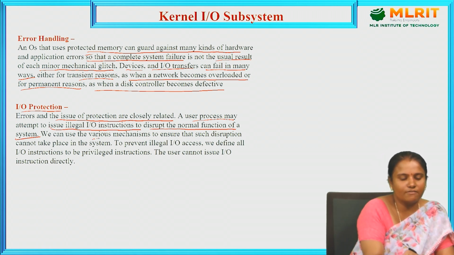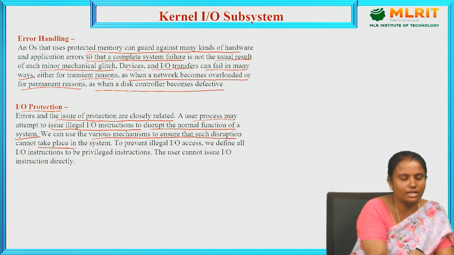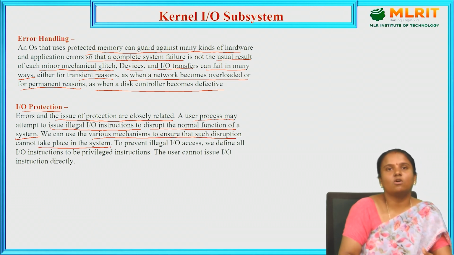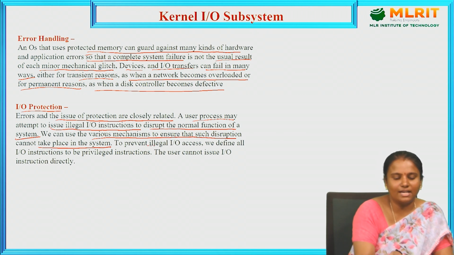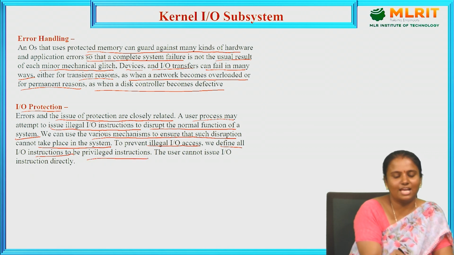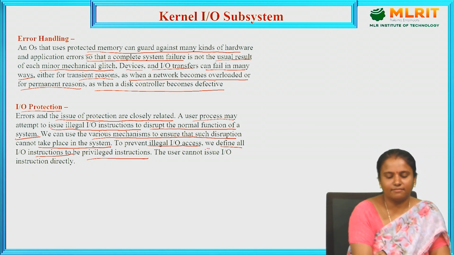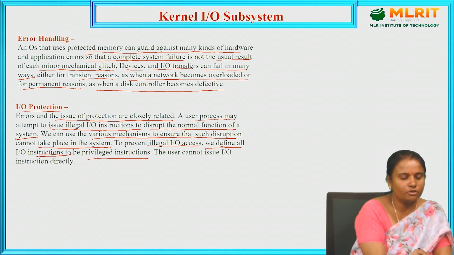We can use various mechanisms to ensure that such disruption cannot take place in the system. To prevent illegal input-output access, we define all input-output instructions to be privileged instructions.